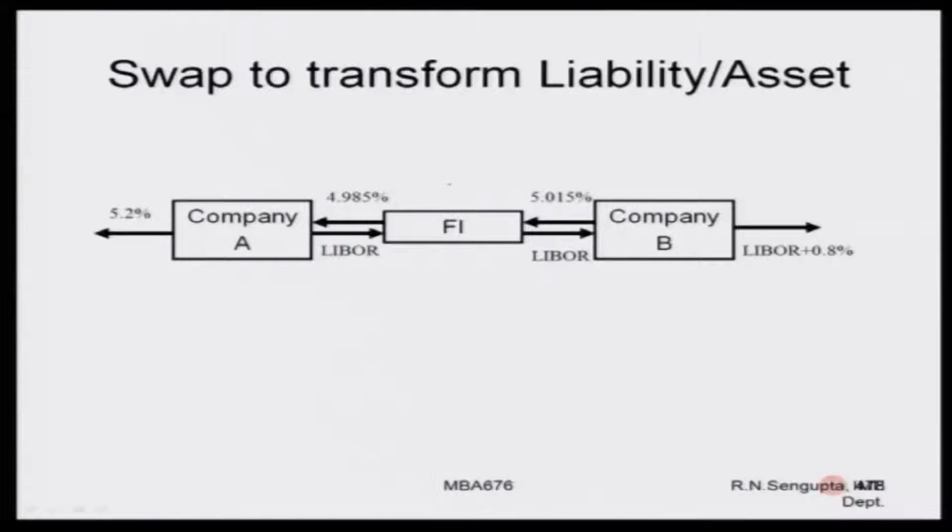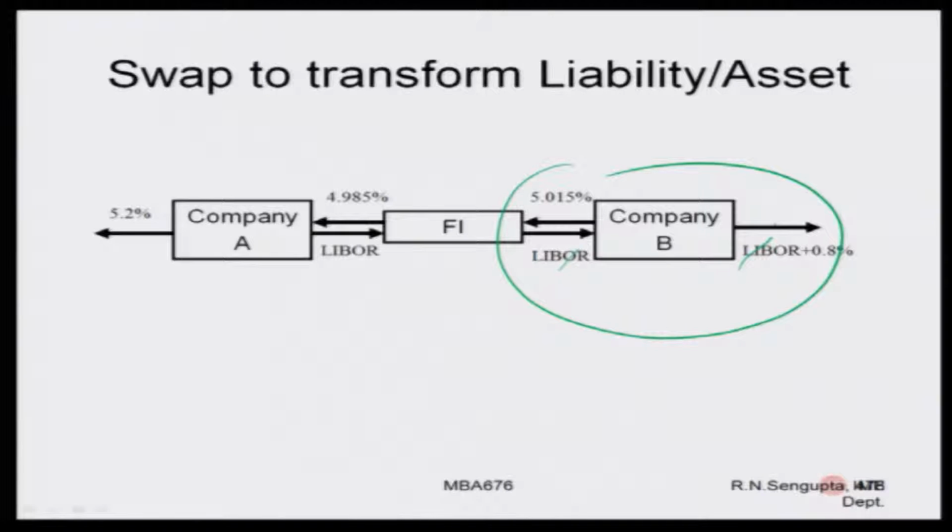If you consider only company B, the transactions are these. So, LIBOR cancels, the overall percentage is 5.015 going outside to the FI and 0.8% going to the third party. So, overall interest rate going out from company B is only fixed, which is 5.015 plus 0.8 percent.